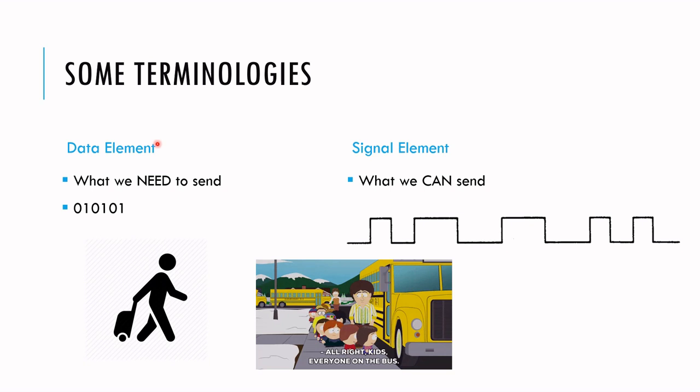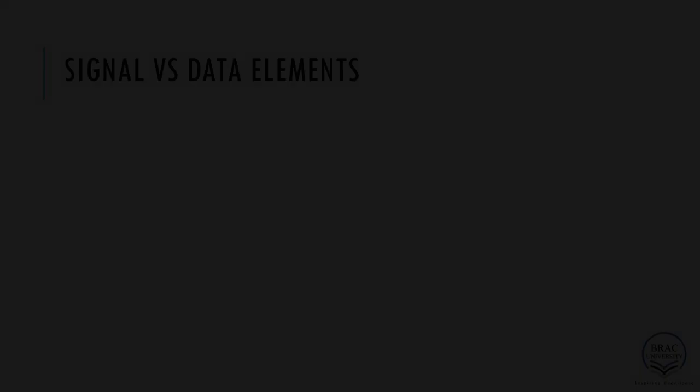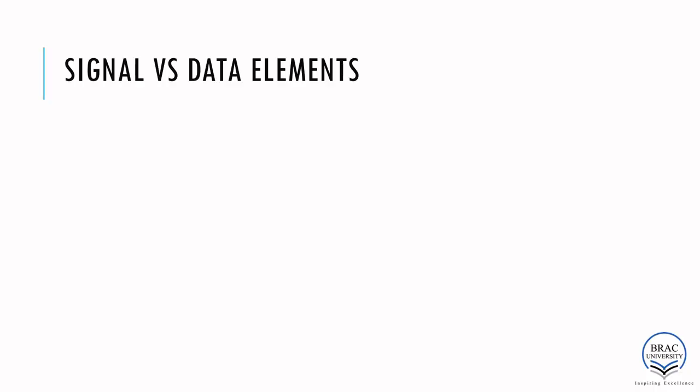All right, so data is what needs to be carried and signal is what's going to be carrying them, exactly how a vehicle is going to be carrying the passengers. Just as a vehicle can carry one passenger, it can carry two passengers, it can carry three passengers.